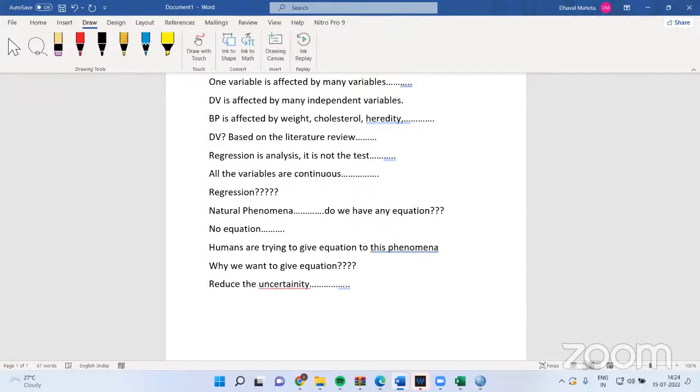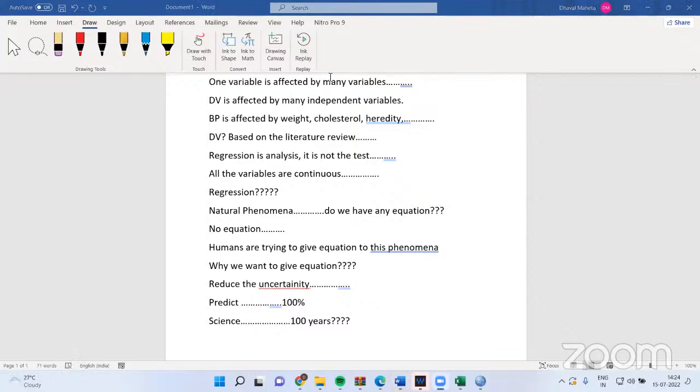Now the question is, it is not possible to predict anything 100%, right? You are not in a position to predict 100%. Do you know any science which can predict what will happen after 100 years?